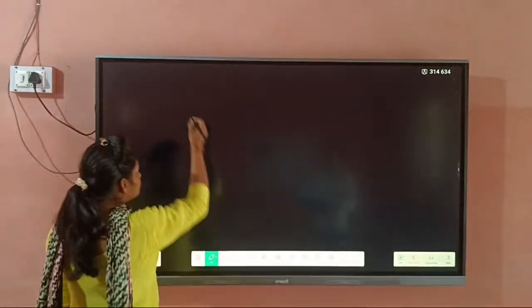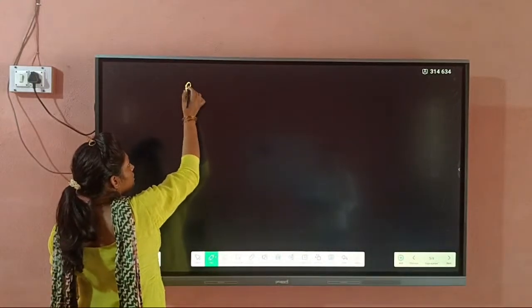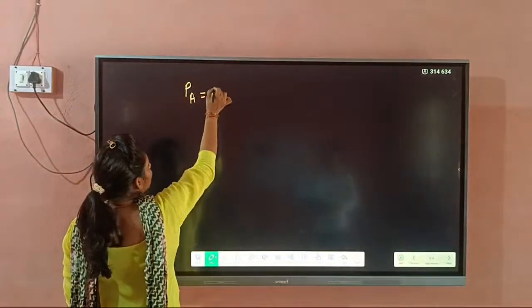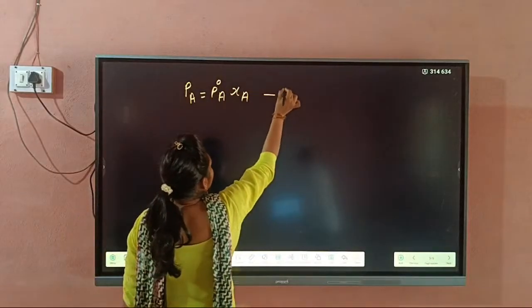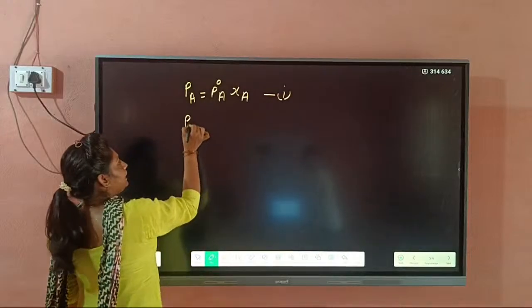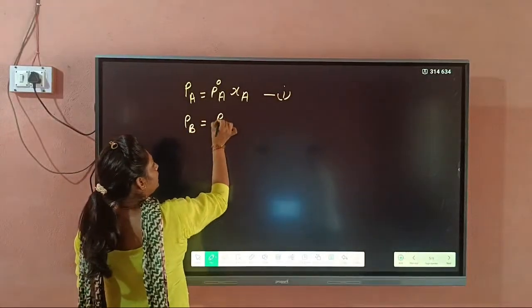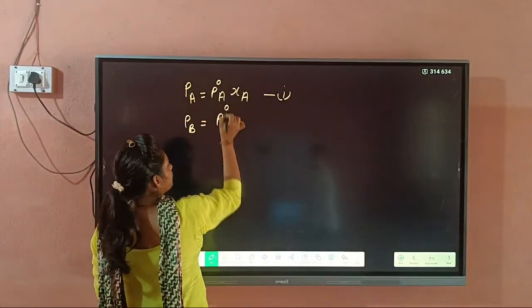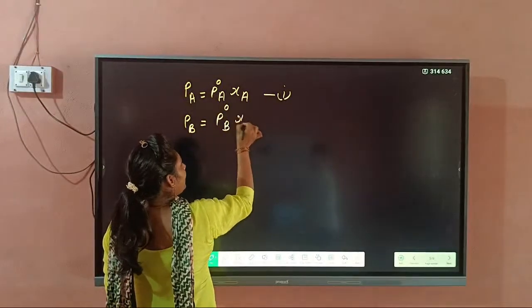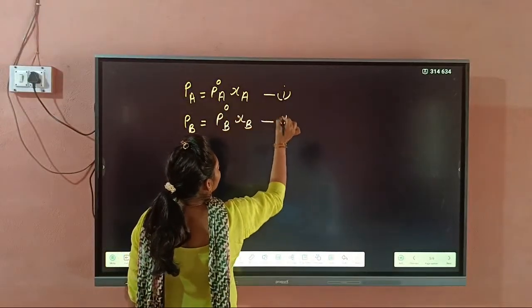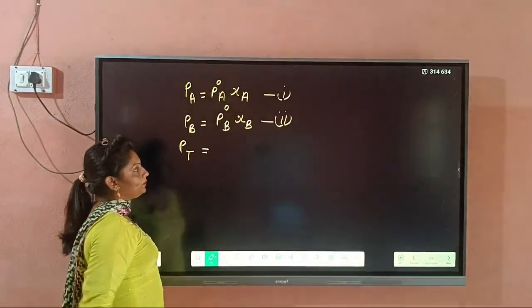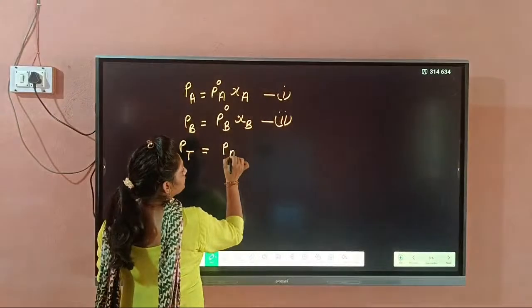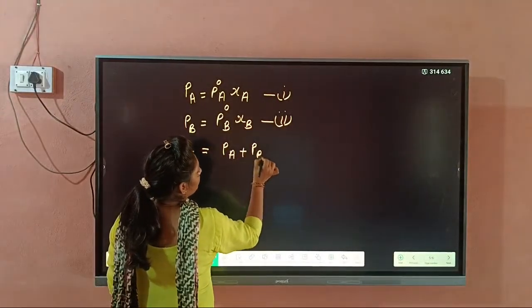So students, our first equation was PA is equal to P naught A XA. The second equation was PB is equal to P naught B XB. And PT is the total pressure. It is PA plus PB.